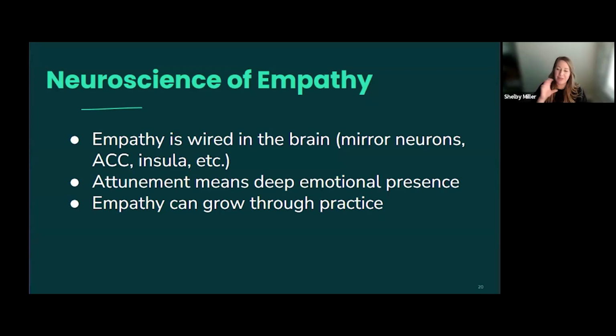And there are also other areas of the brain that bring empathy to life. You've got your anterior insula, that helps you feel others' emotions. It's kind of like the emotional hub of your brain.